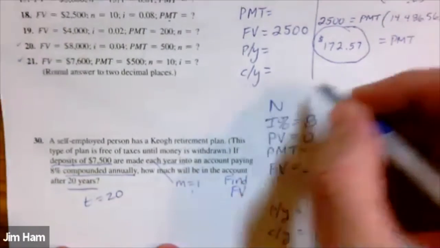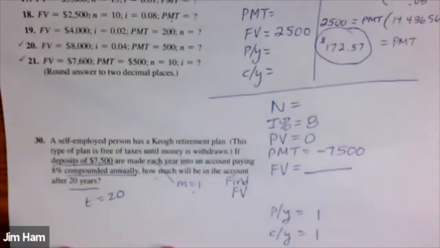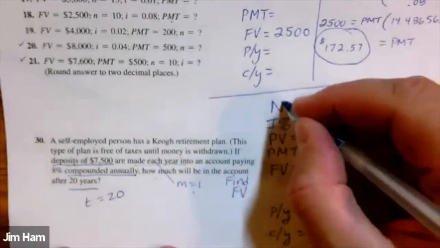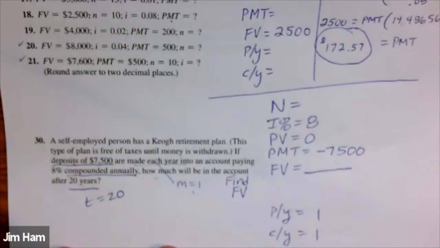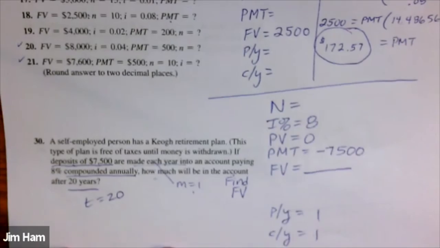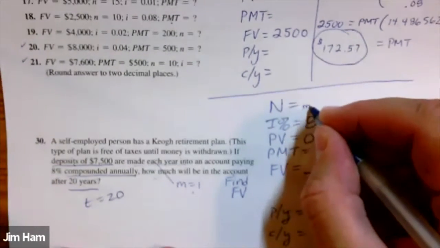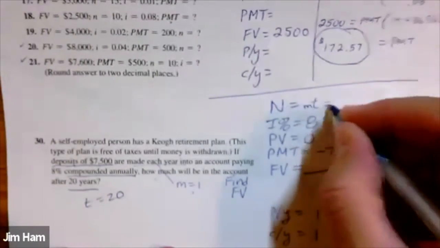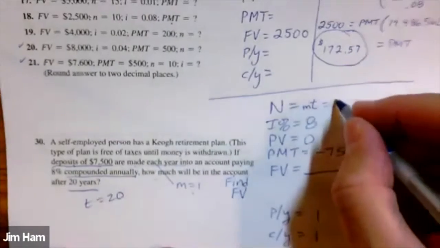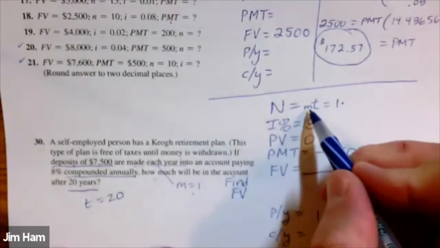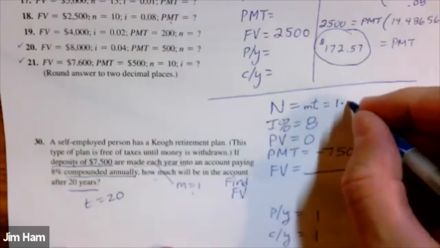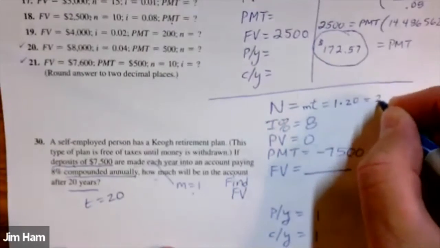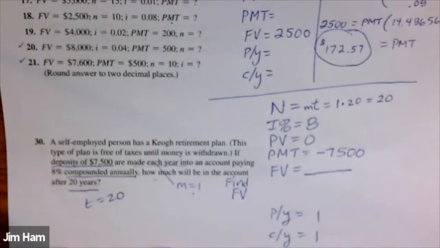And then the N. This is the number of periods, so this is not the number of years. You have to take the number of periods per year times the number of years. And so there's one payment per year, and there are 20 years. So in this case, the N is equal to 20.